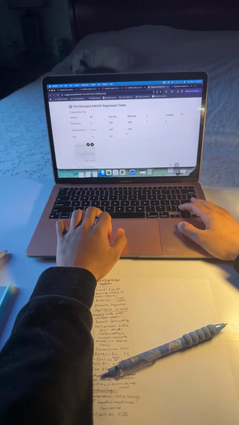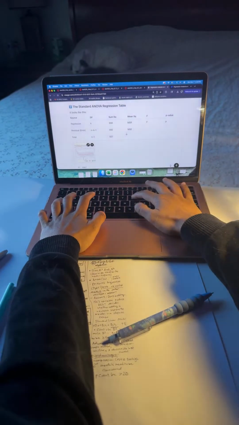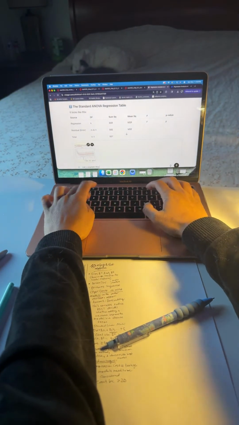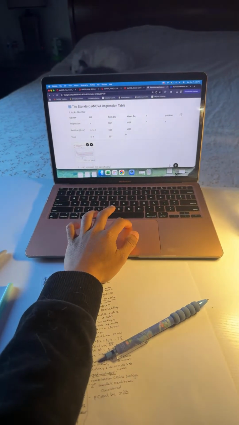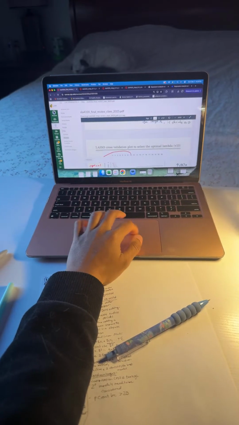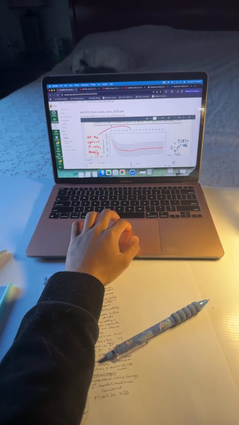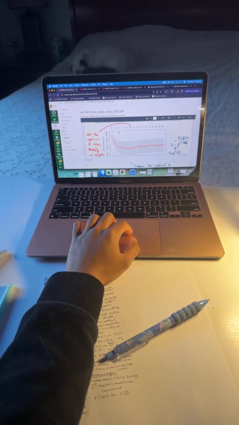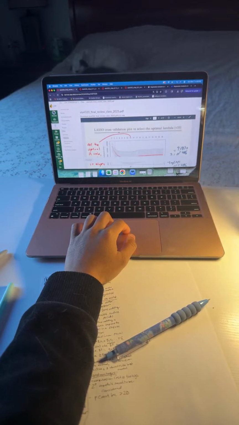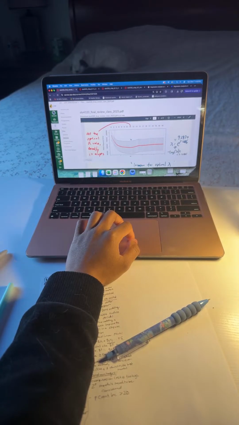Can you explain this? Specifically, why it starts from here, this line here. 10 slopes are non-zero.